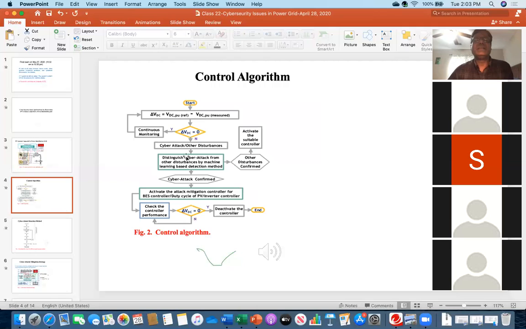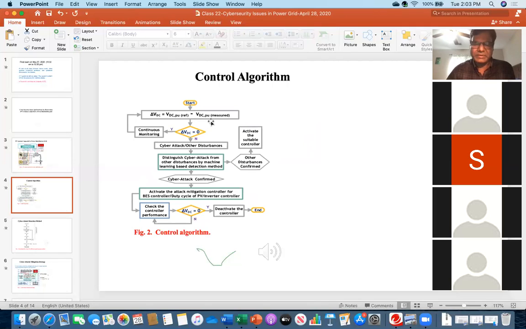That's why I am calculating del VDC, the change in DC voltage, which is the reference DC voltage in per unit minus the DC voltage measured value. I am taking the real time value and comparing it with the reference value.